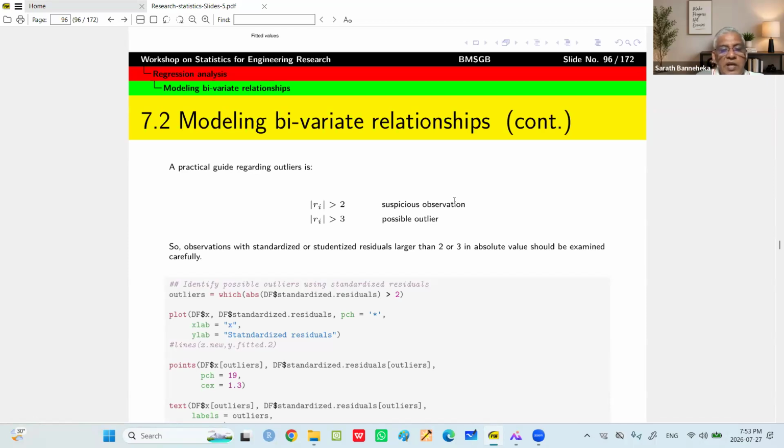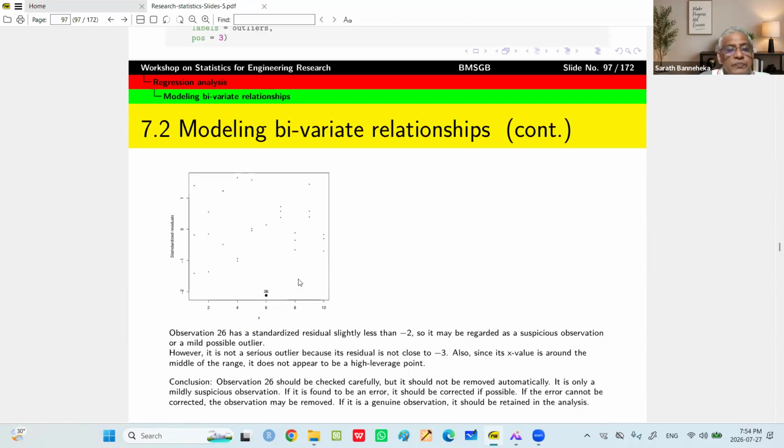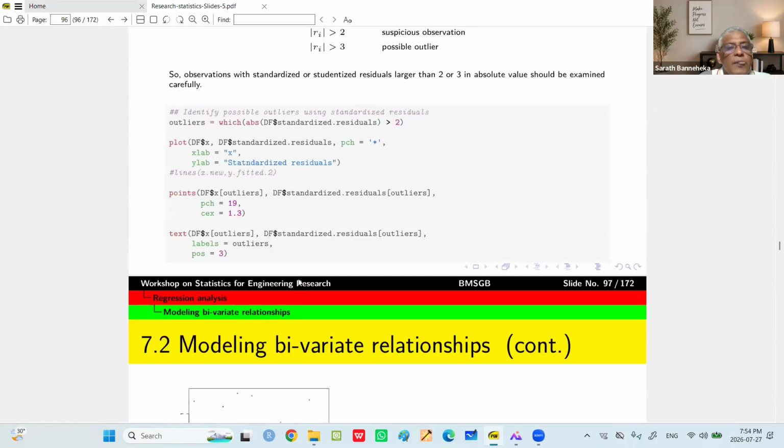So what I have done is I have selected those two observations which have those large residuals. What I have looked at is which residuals are greater than 2, right?